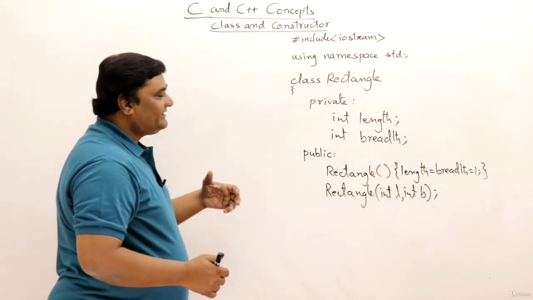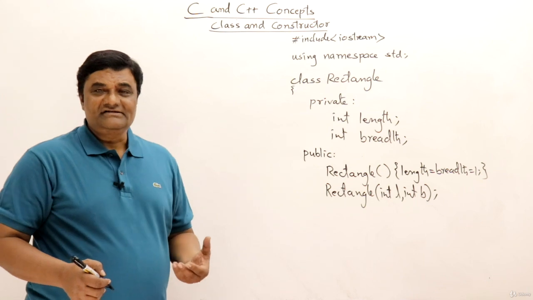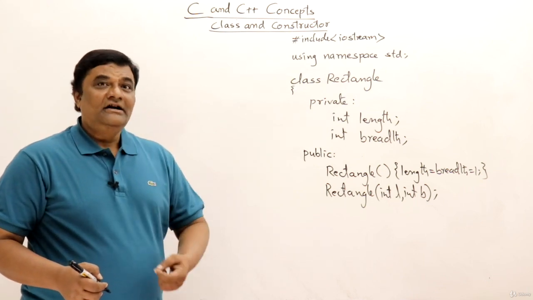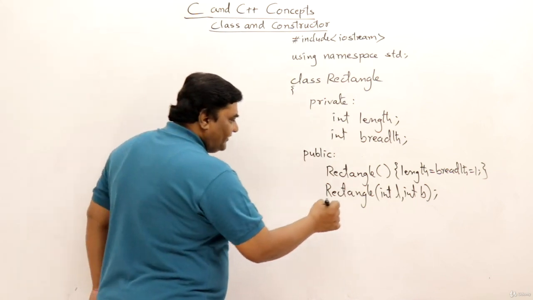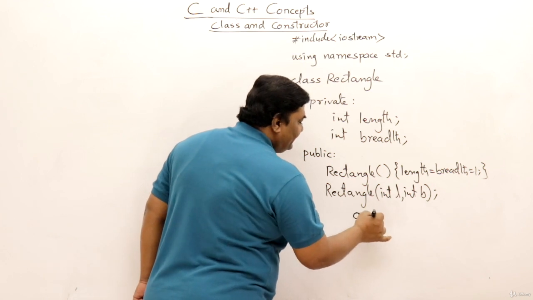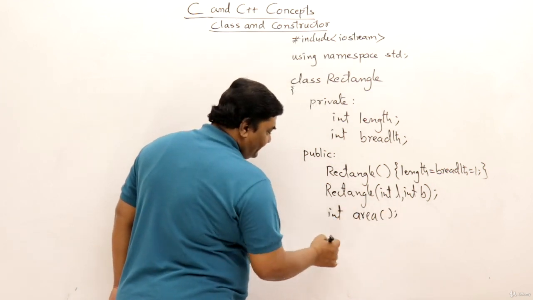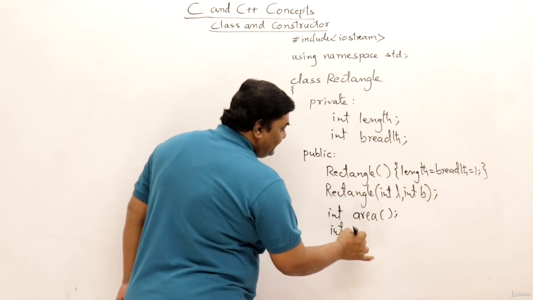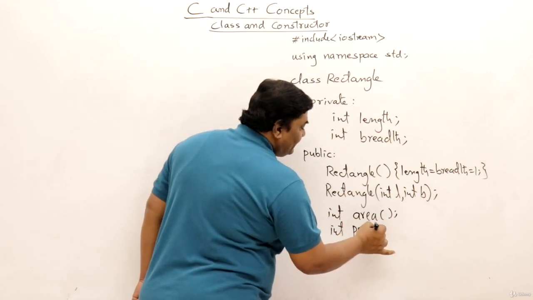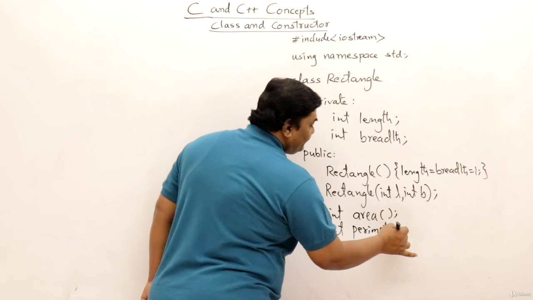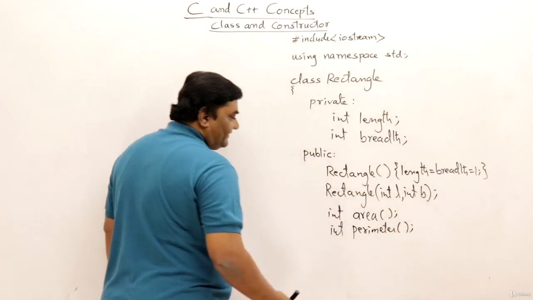Now next, upon a rectangle, I may need functions like calculating area or calculating perimeter. The next function I should have is the area function, which should return a result of integer type. Then one more, integer perimeter, which returns the perimeter of a rectangle.